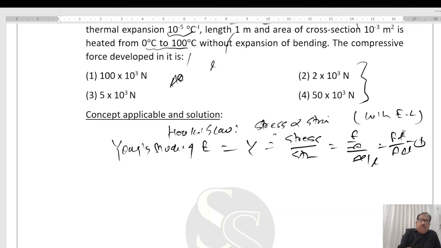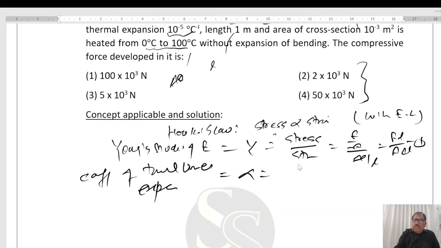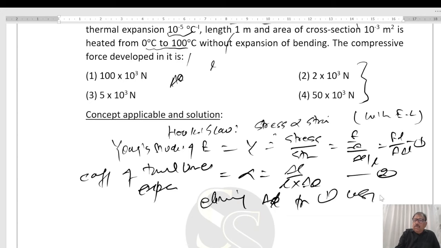Right? And coefficient of linear expansion, thermal linear expansion, that is alpha equals delta L upon L into delta theta. Right? This is equation 2. Now eliminating delta L from 1 using 2.